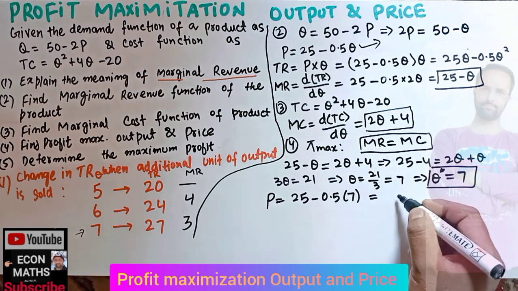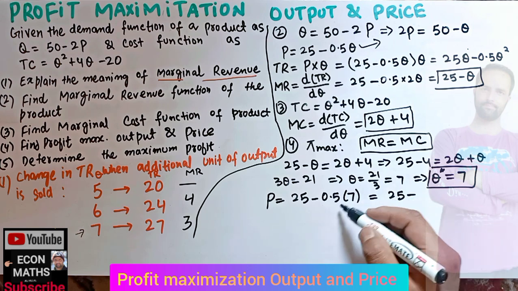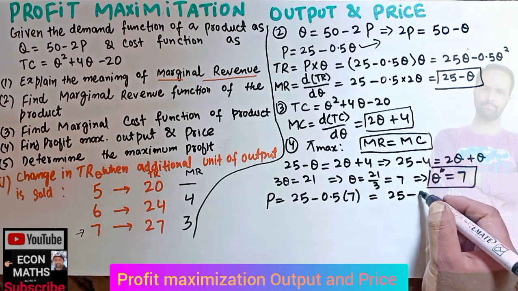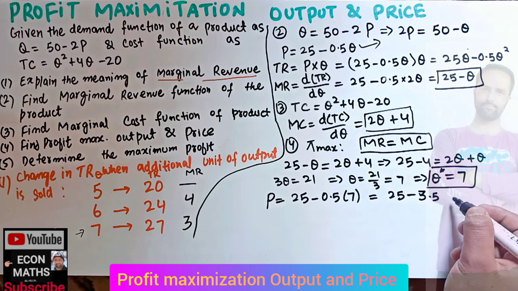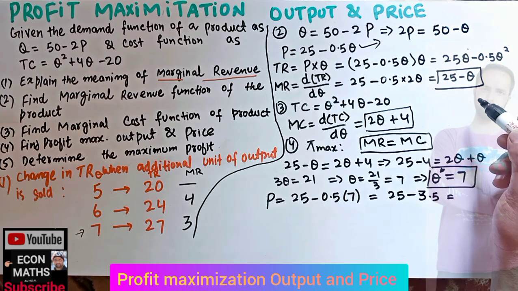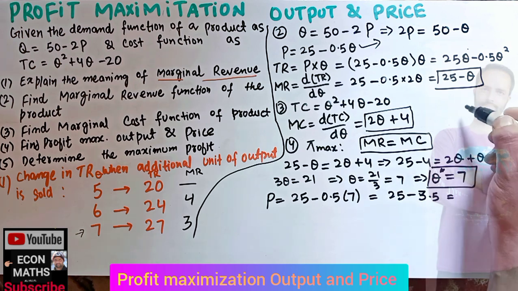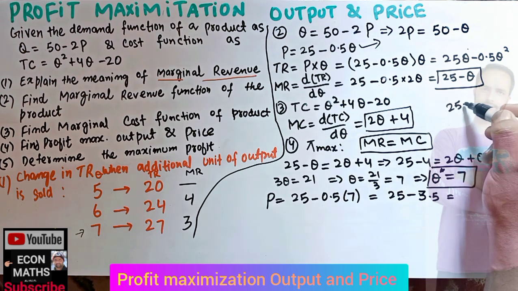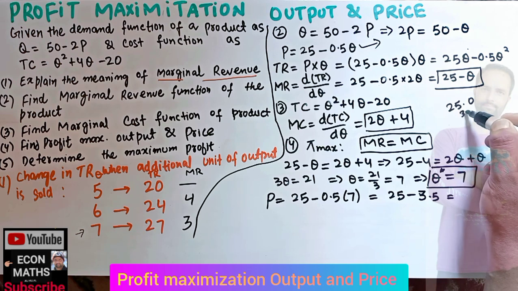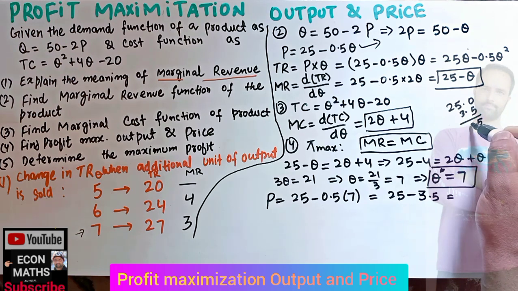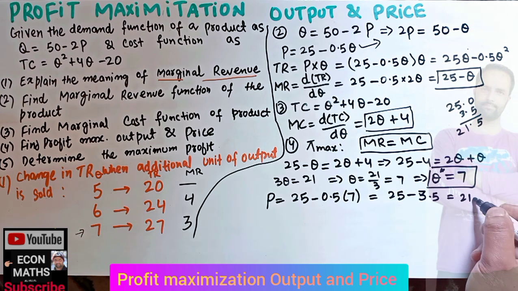So this comes out to be 25 minus 0.5 of 7, which is 3.5. So we have 25.0 minus 3.5, so this is 21.5, which will be our profit maximizing level of price.